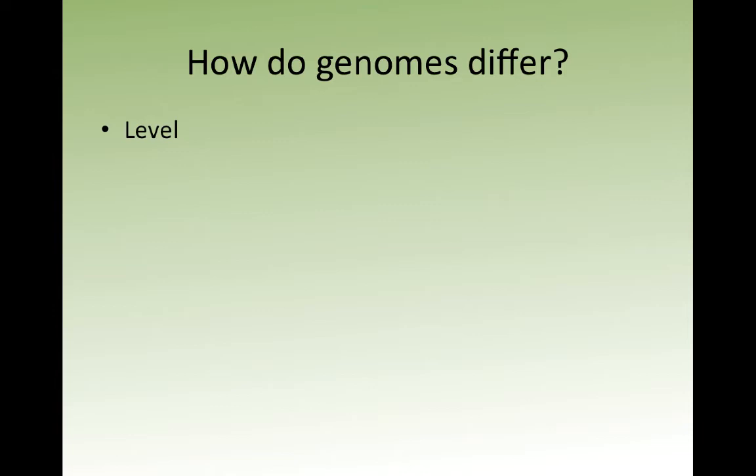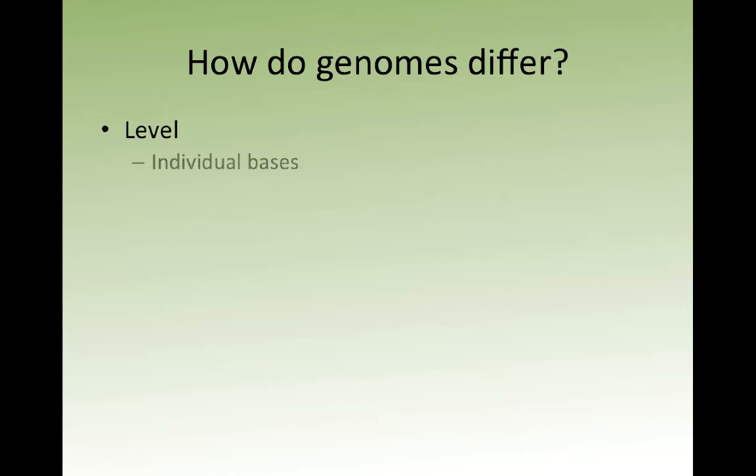So when we ask questions from a genomic perspective, we need to think carefully about the level at which we're investigating the genome, and what conclusions that level allows us to draw about those organisms and those comparisons.